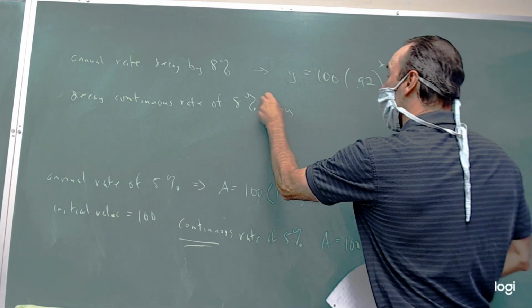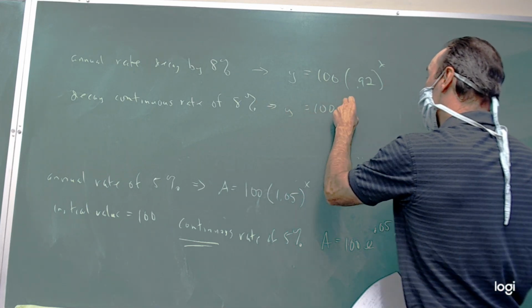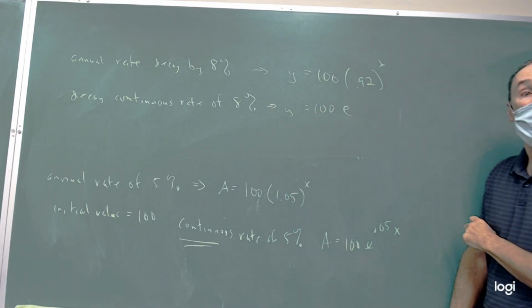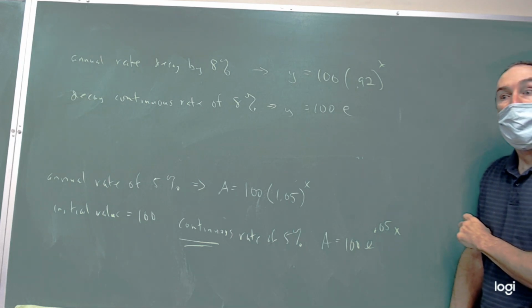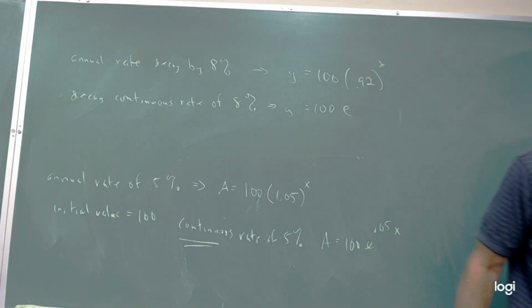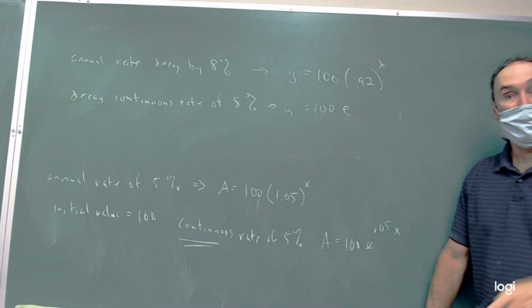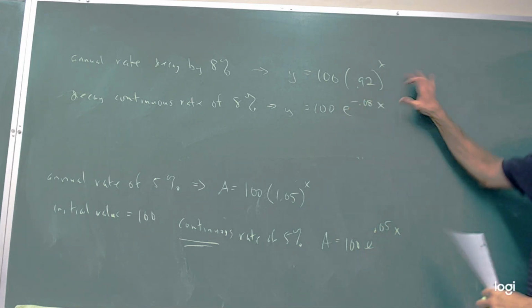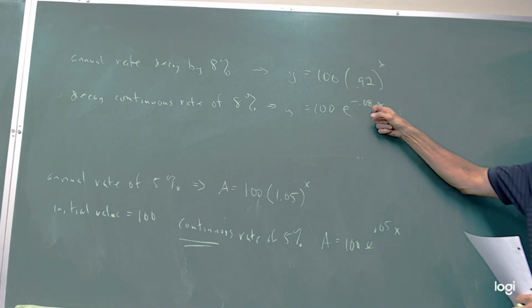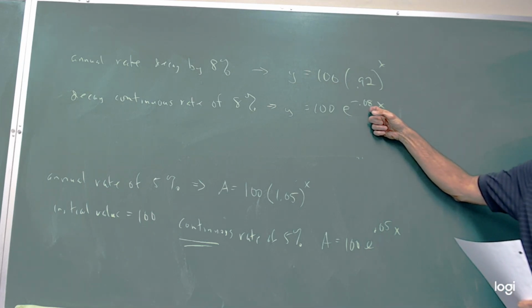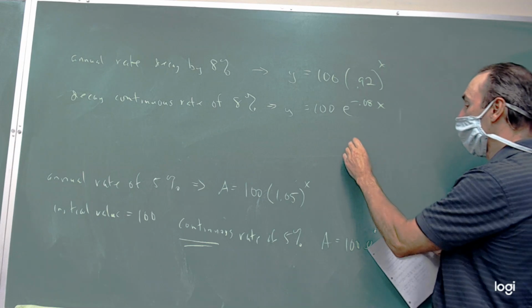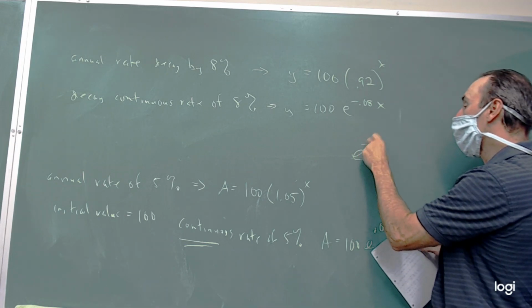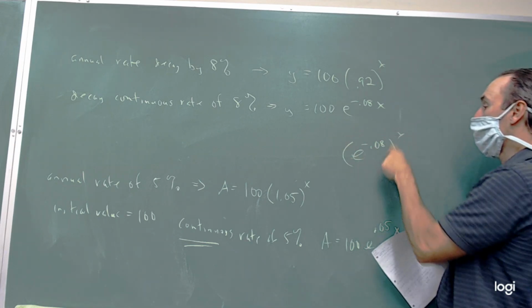What does that look like in the continuous case? It's 100 e to the negative 0.08x. And that's where people get confused. They try to start making this a 0.92. Because remember, this is e to the negative 0.08 to the x.